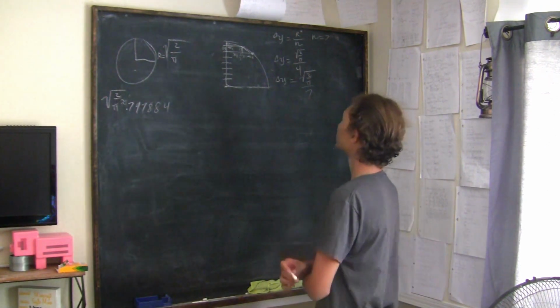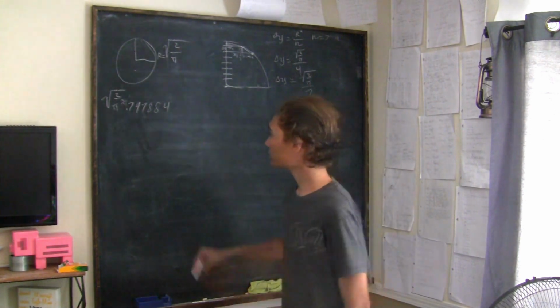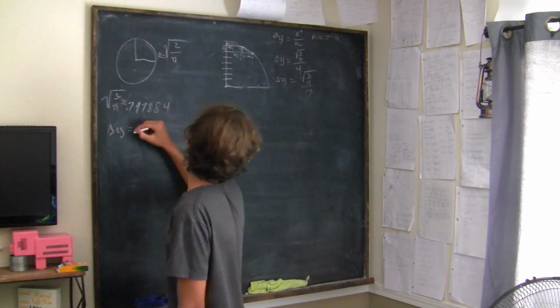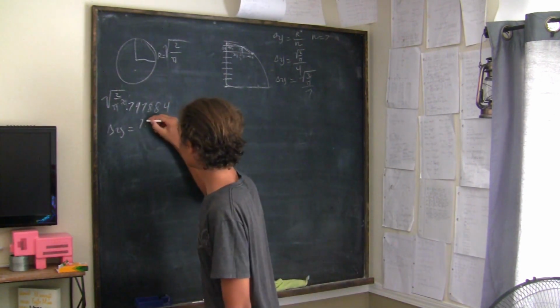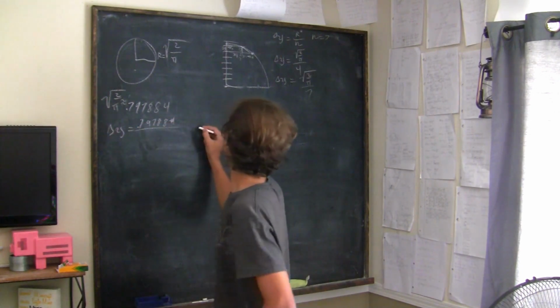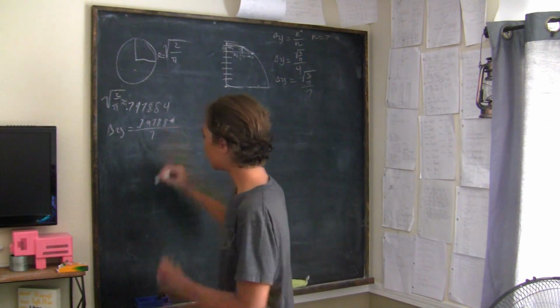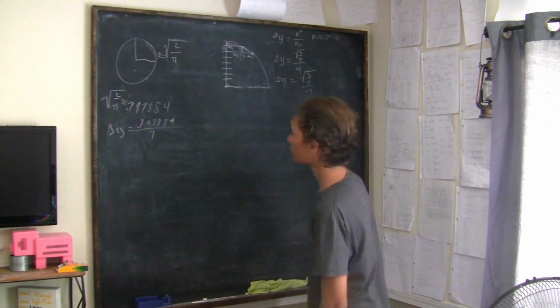So now we know that delta y is going to be equal to 0.797884 over whatever we're going to represent this n is equal to, 7. So let's divide that.